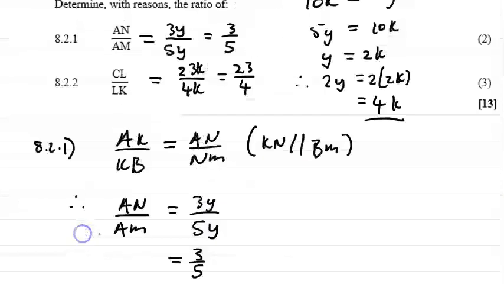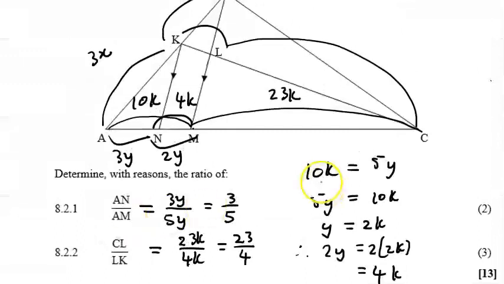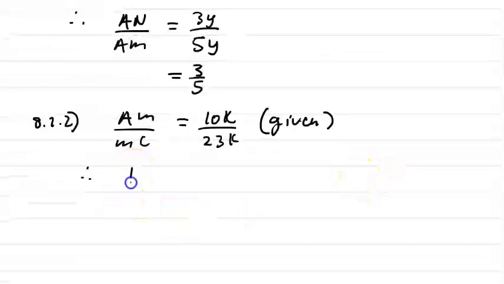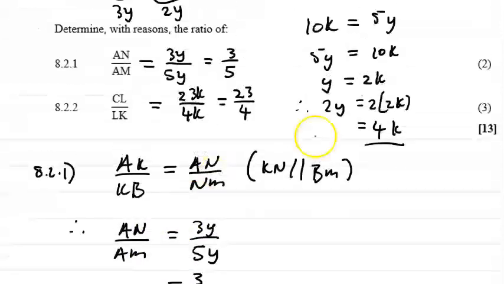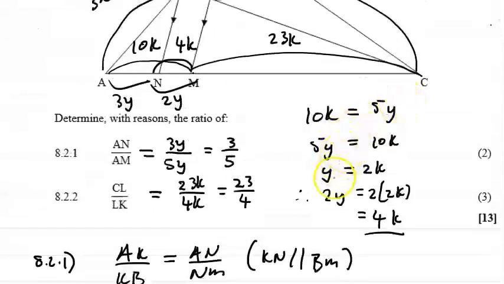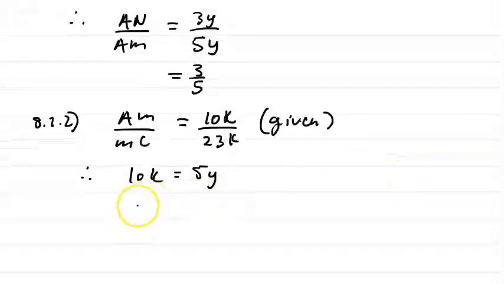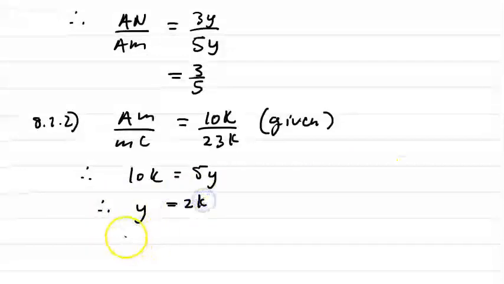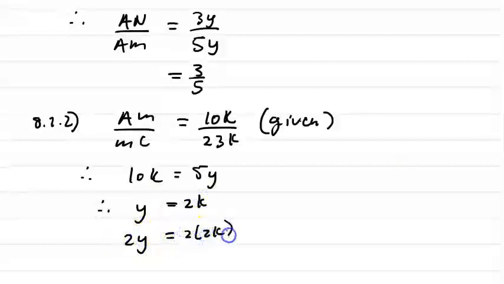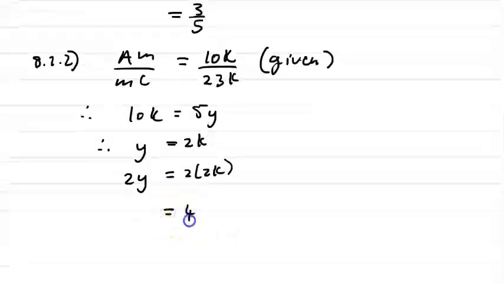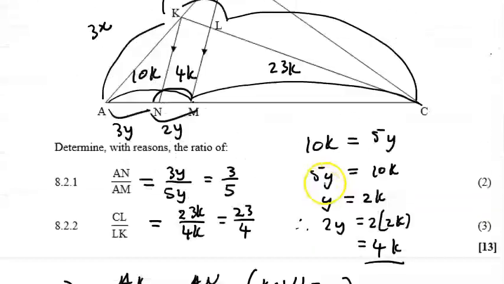So what did we write next? We said that 10K is equal to 5Y. 10K equals 5Y. And then we swap them around over here, and we said Y is equal to 2K. Therefore, Y is equal to 2K. So 2Y will be 2 times 2K, which is equal to 4K.